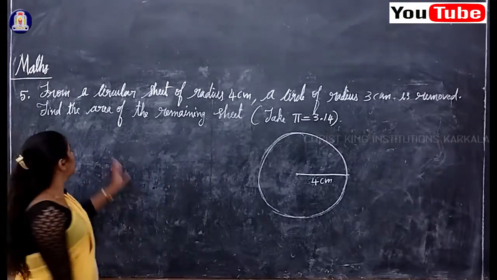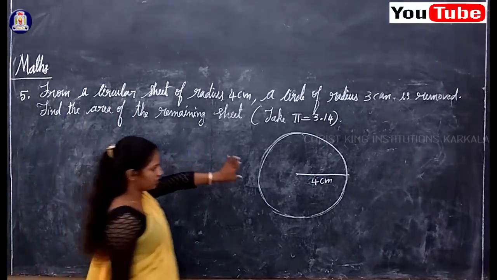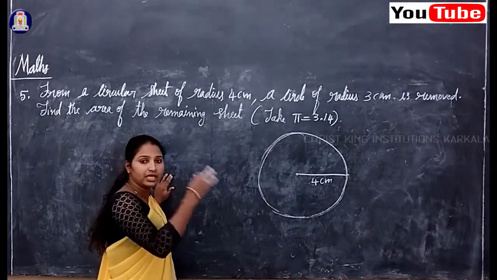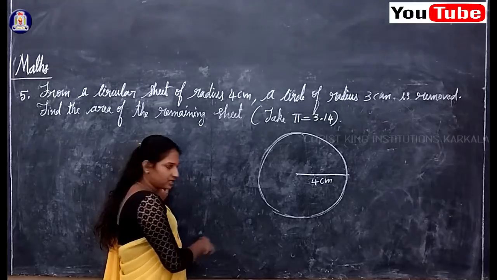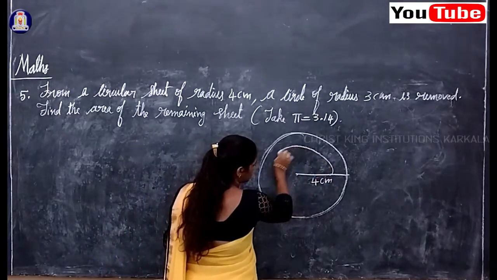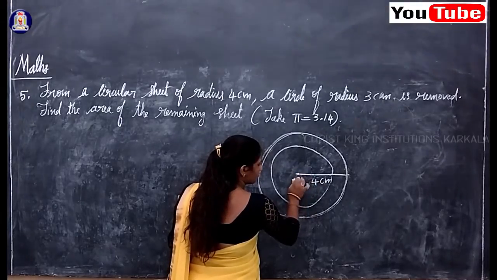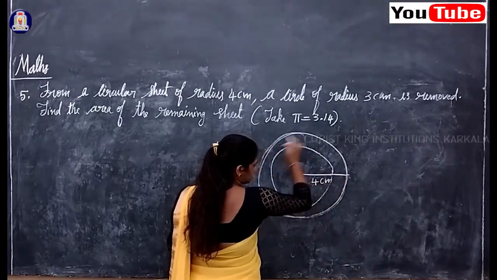From this circular sheet, a circle of 3 centimeter is removed. If I consider this is O, from here to here is 4 centimeter, the larger circle.